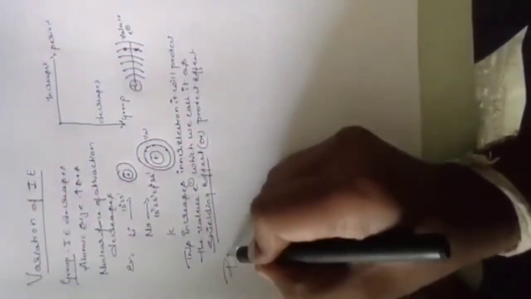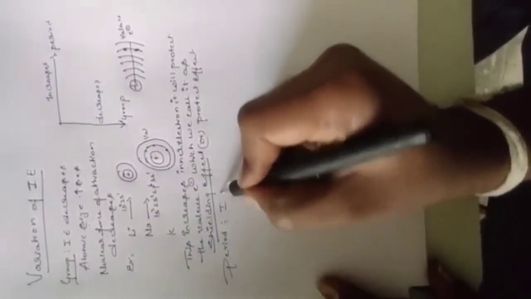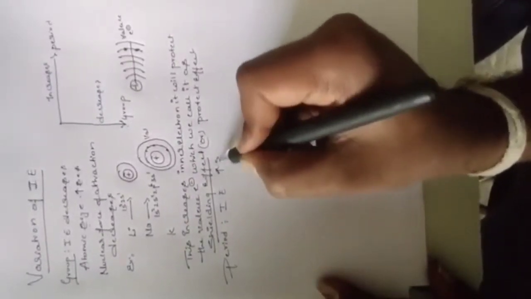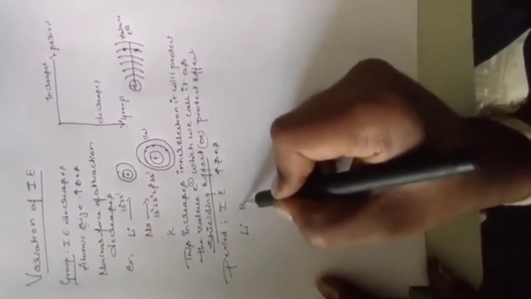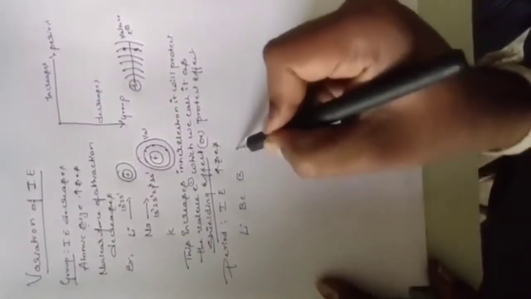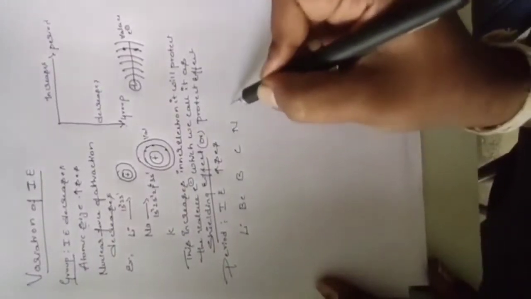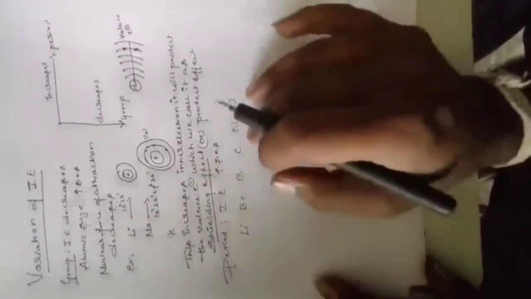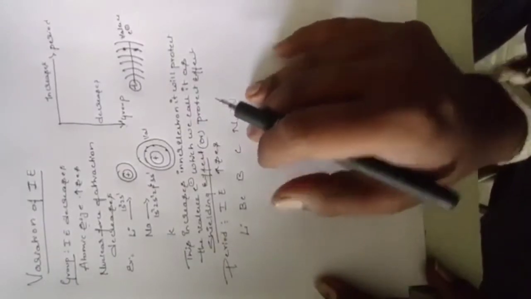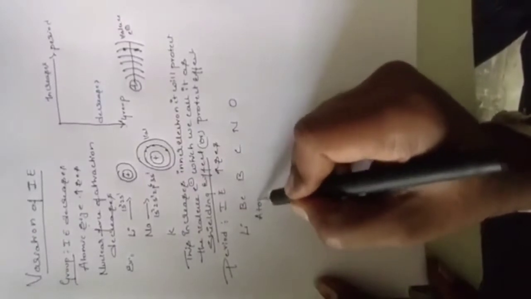Okay, we have talked about the groups. Now we are going to talk about periods. I already told you that ionization energy increases. Why does it increase? Take the second period: lithium, beryllium, boron, carbon, nitrogen, oxygen. Because from left to right in the periodic table, atomic size decreases. It is the opposite of the group.